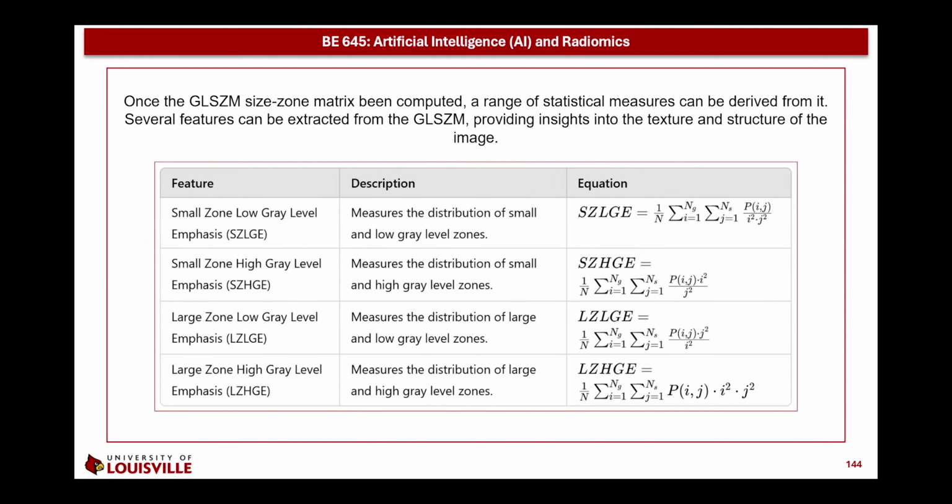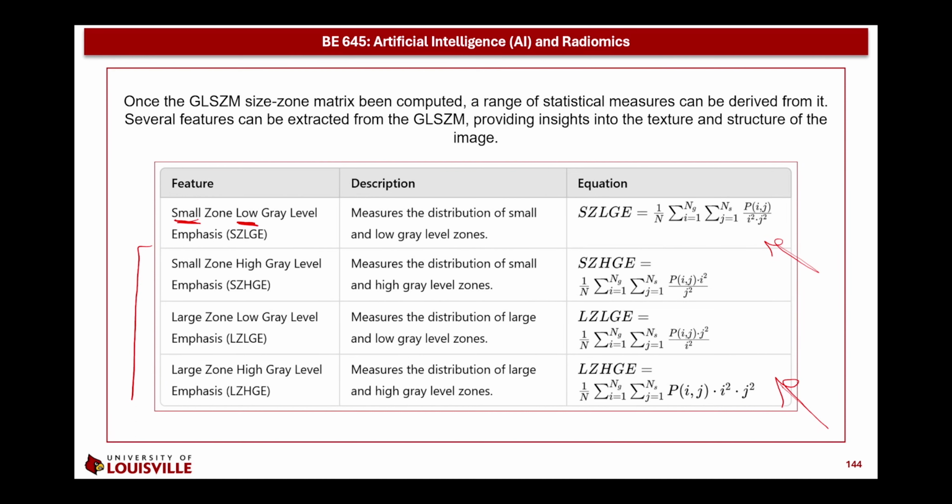For the small zone low gray level, and the other combinations, we are combining both the gray level and zone sizes. Here we divide by i and j squared. Here we multiply by i and j squared, and once we divide, we are getting low or smaller values. That's why we mentioned small and low.